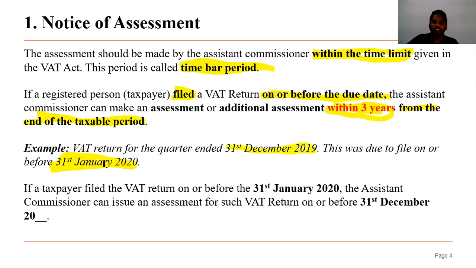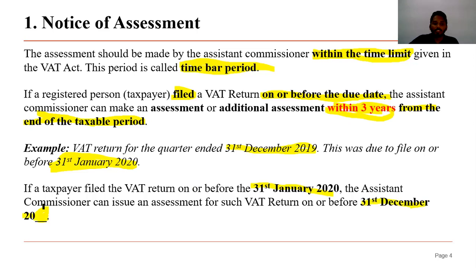They filed the VAT return on 31st January 2020. Right? Then if the taxpayer has filed the VAT return on or before 31st January 2020, the assistant commissioner can issue an assessment for such return on or before 31st December. When is the question.